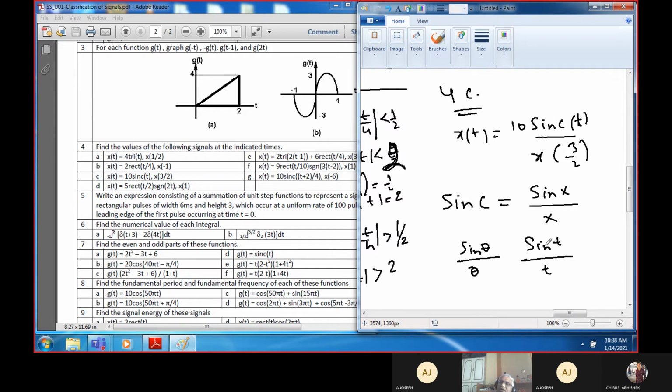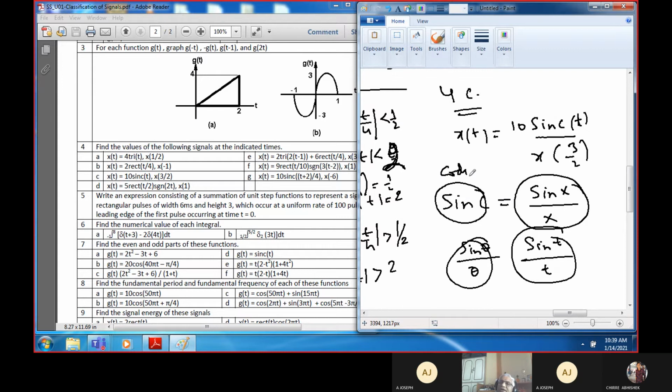You can do all these things. Understood? So now what you have to do here is, you know the actual trigonometric formula for this.